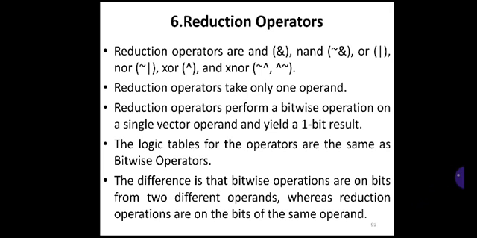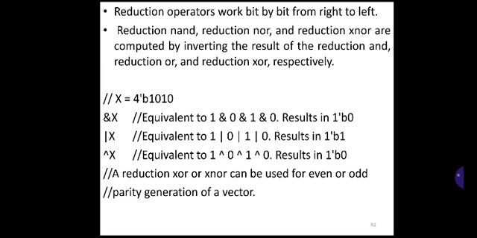The difference between the bitwise operators and reduction operator is, in the bitwise operation the operations are on bits from two different operands, whereas here, as we already discussed, the operations are on the bits of the same operand. So the reduction operator works bit by bit from right hand side of the operand to the left hand side of the same operand.